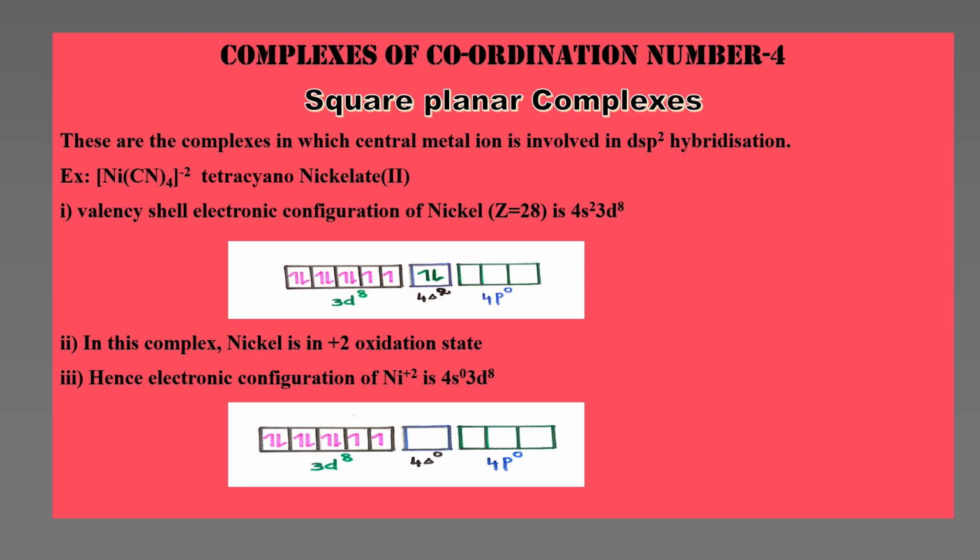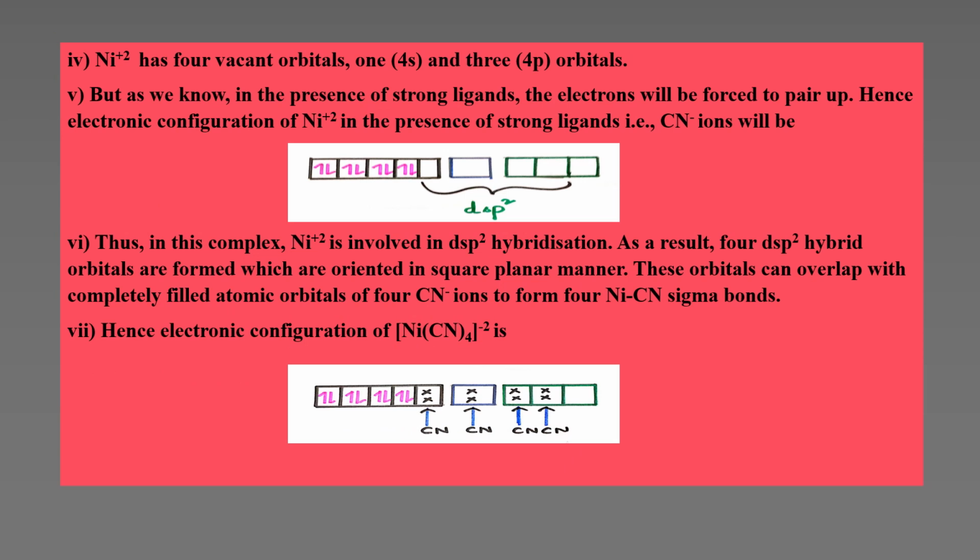Is it a strong ligand or a weak ligand? You know the answer for this question. Do you remember, students? CN- ion is a strong ligand.